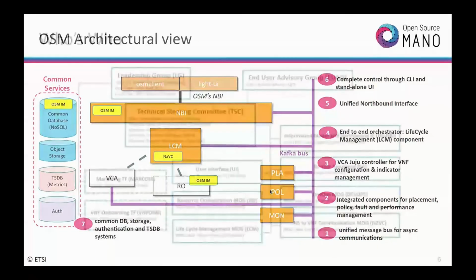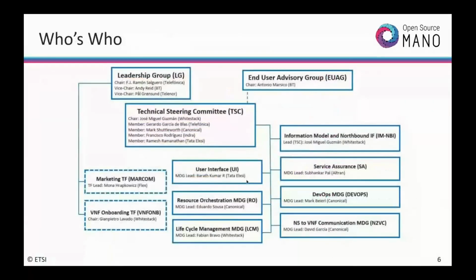In the module development group, we have the technical steering committee, which is responsible for authorizing any changes to our information model and our northbound interface. Now, they obviously have more of a responsibility than just that. They're responsible ultimately for approving features and setting the technical direction for the project.